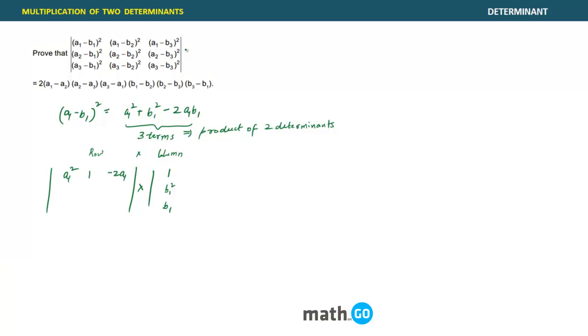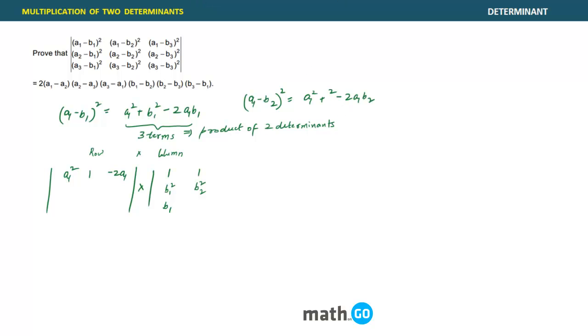Now the second term here has to be (a1 minus b2) whole square, right? So what this is, nothing but a1 square plus b2 square minus 2a1 b2. This is what you will get. So a1 square, this should be 1, because this is already a1 square. Now you want to get b2 square, so yes, I'll take b2 square over here. Let me just remove this so that you can easily understand what I have done.